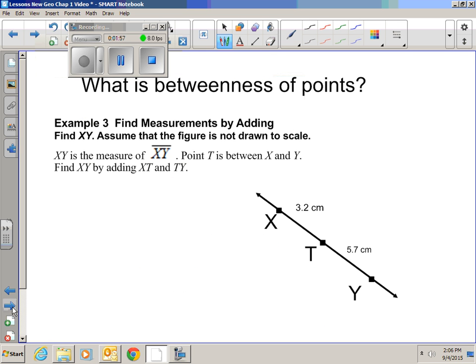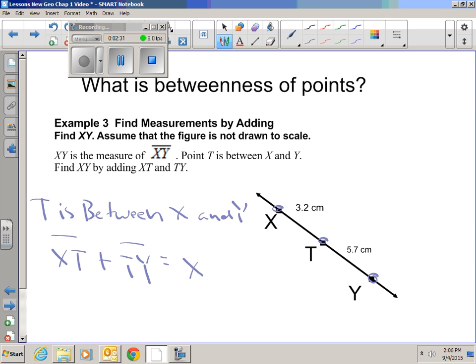If 3 points are collinear, meaning they are on the same line, notice that X, T, and Y are all on the same line. Therefore, in this particular case, T is between X and Y. When you have that, you know the length of XT plus the length of TY is going to equal the length of XY.